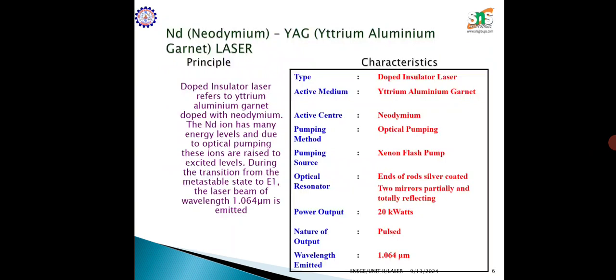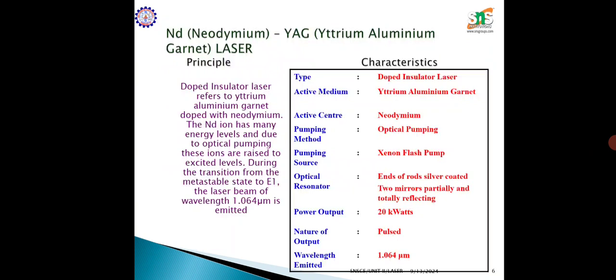So the characteristics we have are type, active medium, active center, pumping process, optical resonator, power output, nature of output, and wavelength of output.